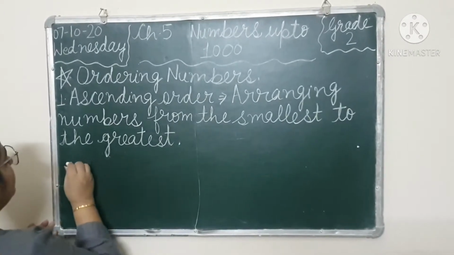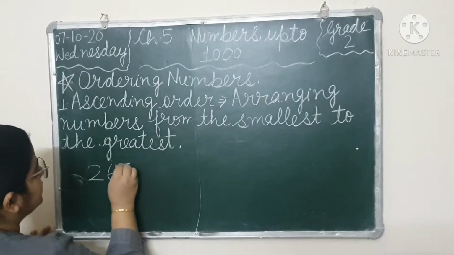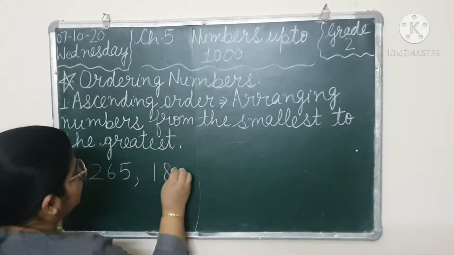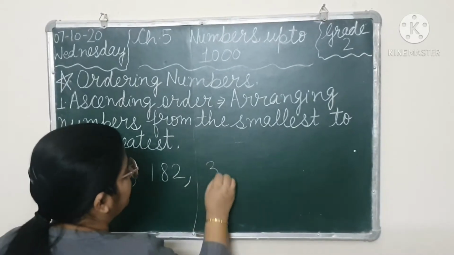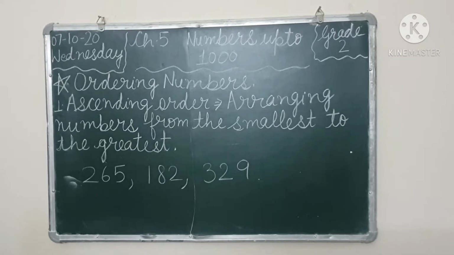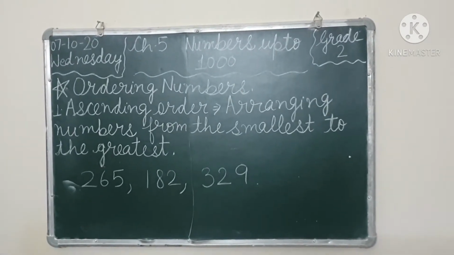So we take numbers like 265, 182 and 329. We have 3 numbers. Firstly we write the smallest number.